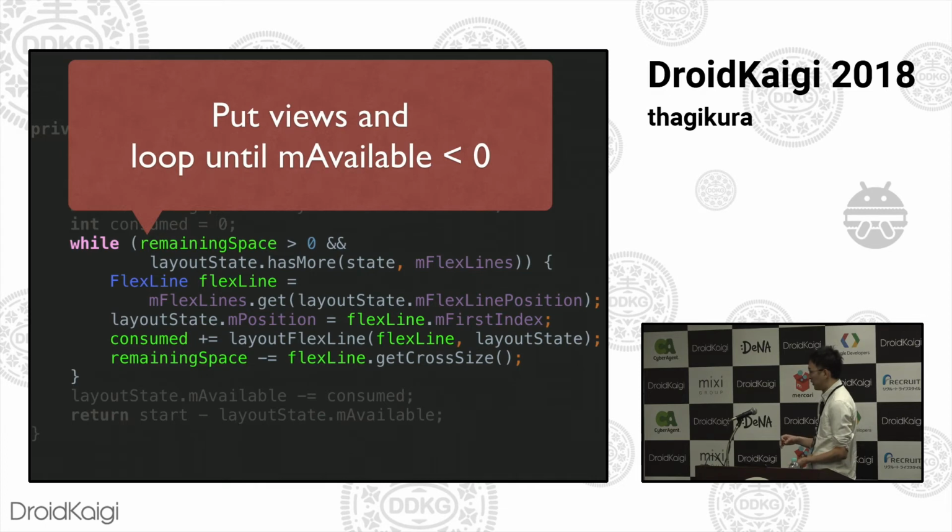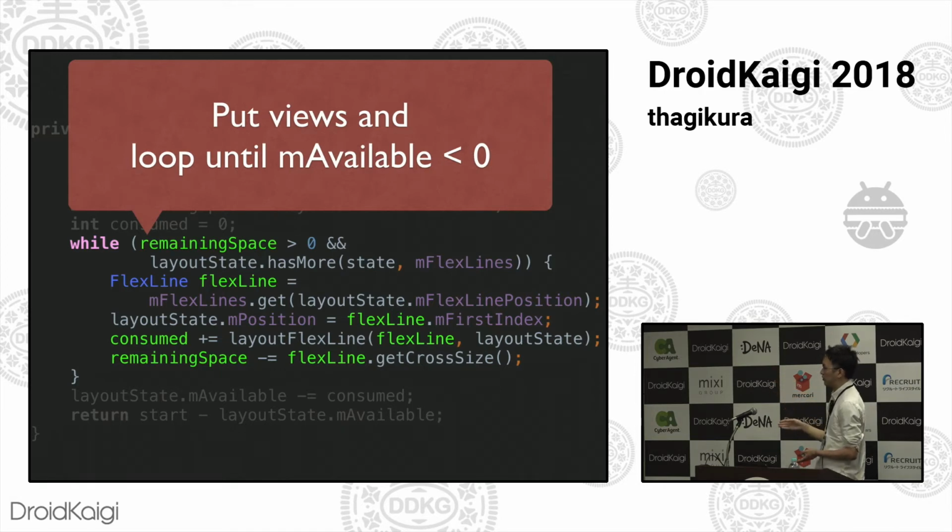The important thing is that it is better to make this function usable from other contexts, because in other situations, like when the user scrolls the screen, the same thing happens. The same thing means you need to fill a specific amount of pixels.